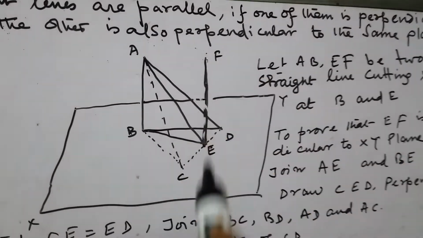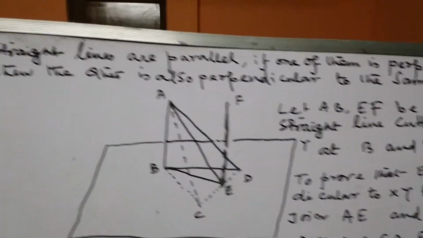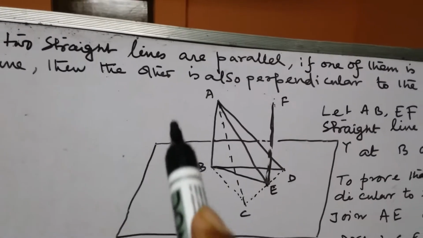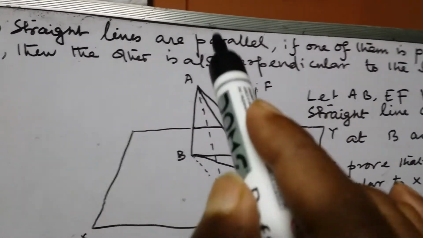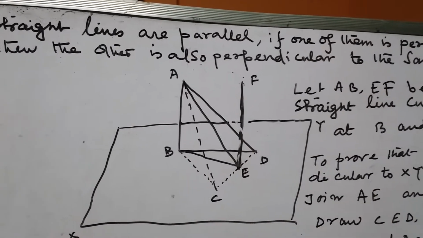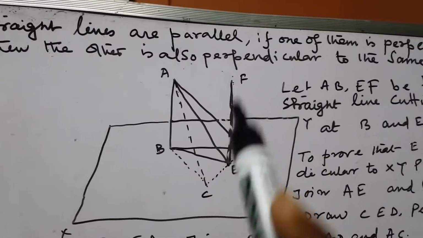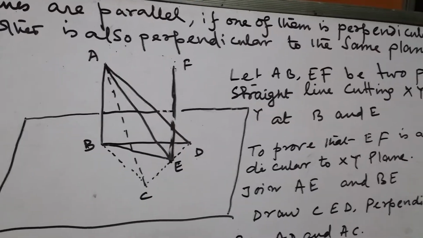EF is also perpendicular. Again, if two straight lines AB and EF are parallel and AB is perpendicular to XY, then you have to prove EF is perpendicular to the plane XY.